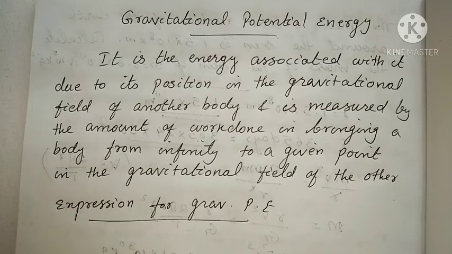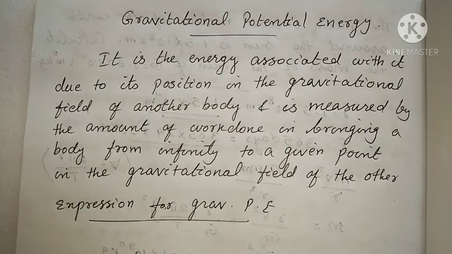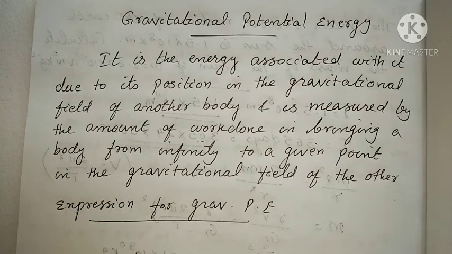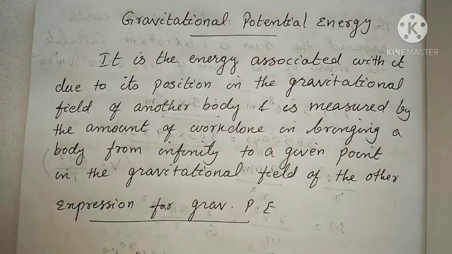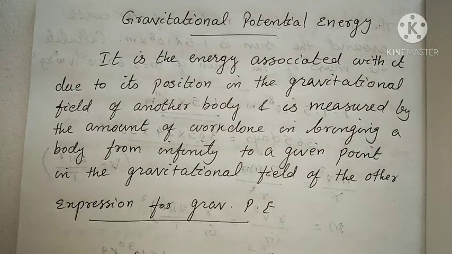So when the body lies at infinity, the work done in bringing the body from infinity to the gravitational field of the earth is stored in the form of gravitational potential energy. So here you want to find out the expression for gravitational potential energy.